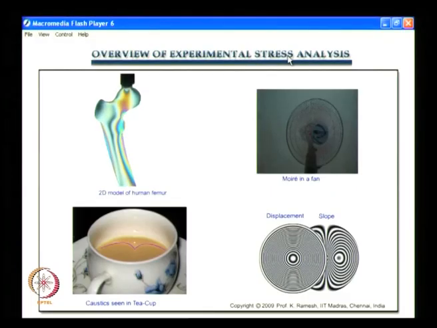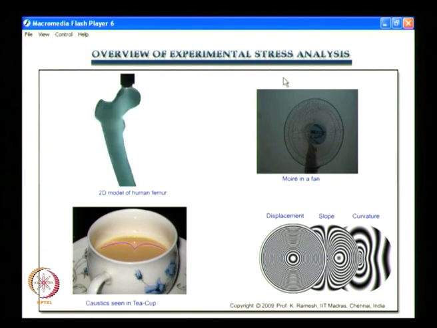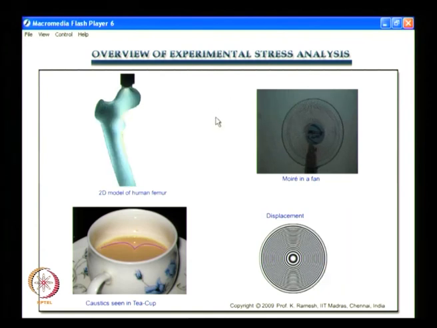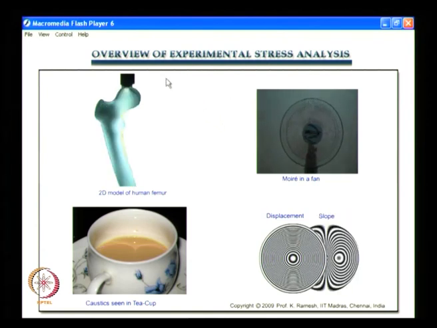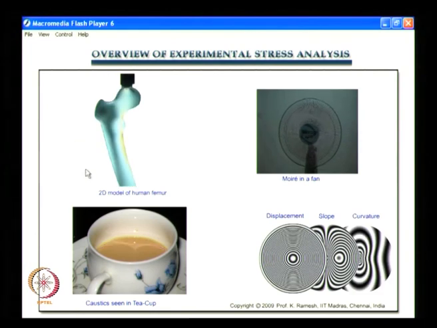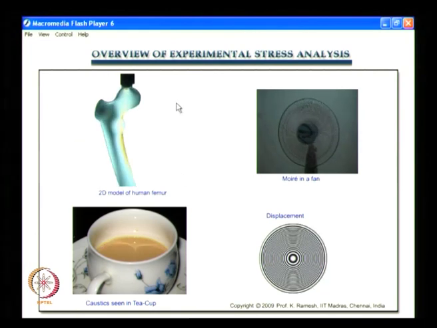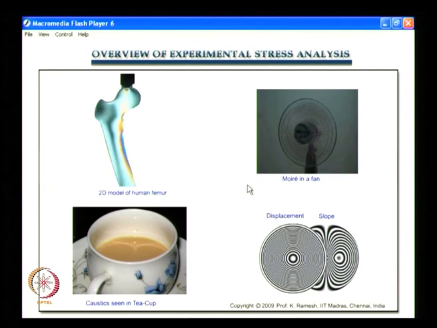Come to the concluding part of our discussion on the overview of experimental stress analysis, and this slide was shown at the beginning of this chapter. Now, you must be a lot more familiar with identifying the various techniques depicted in this slide.